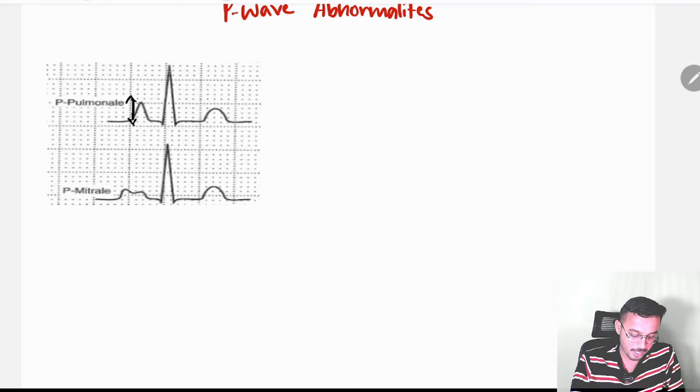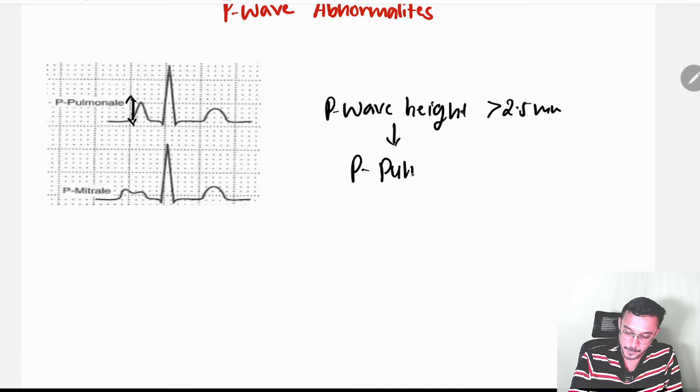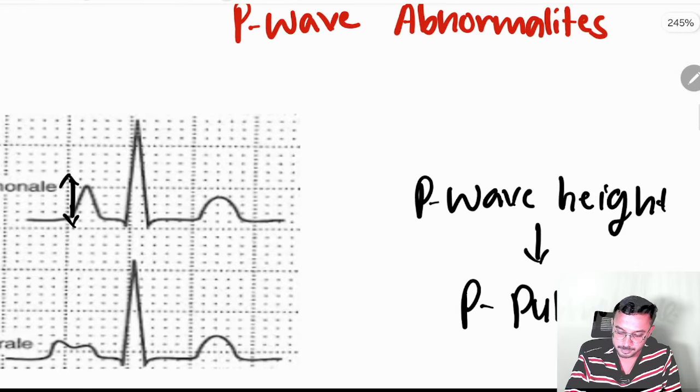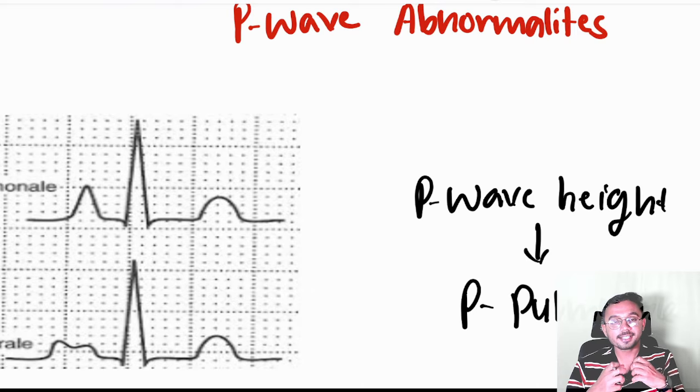So if the P wave height is more than 2.5 mm, that is called P pulmonale. Look at the height of this P wave, it is more, right? Normally I taught you it is less than 2.5, but in one condition you will find that height is more than 2.5, that is known as P pulmonale.